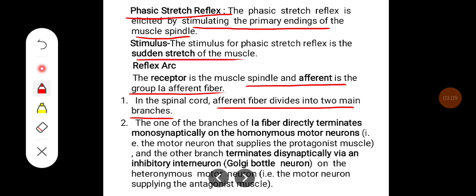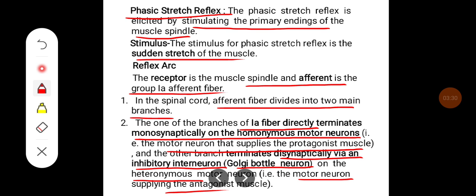One of the branches of 1A fibers directly terminates monosynaptically on the homonymous motor neurons, that is on the motor neuron that supplies the protagonist muscle, and the other branch terminates disynaptically via an inhibitory interneuron, that is Golgi bottle neuron, on the heteronymous motor neuron, that is the motor neuron supplying the antagonist muscle.